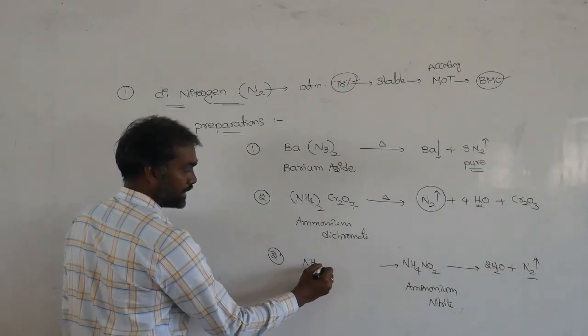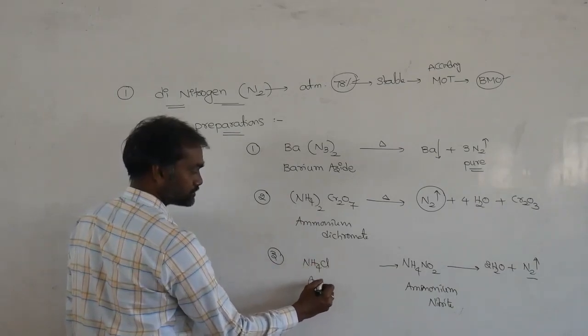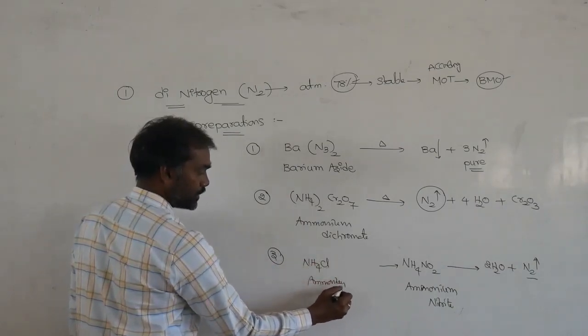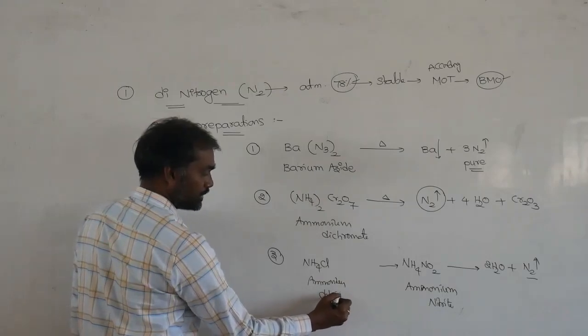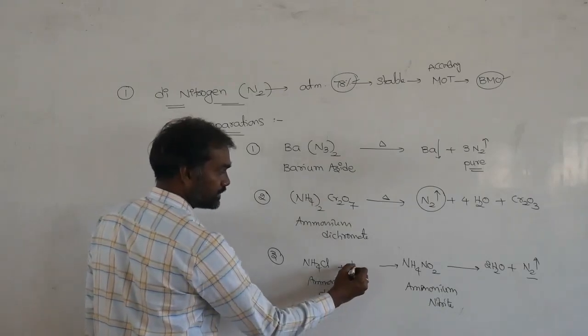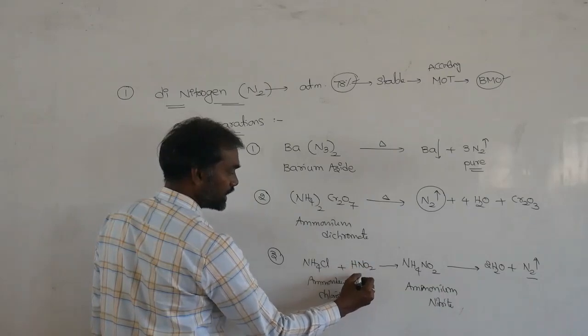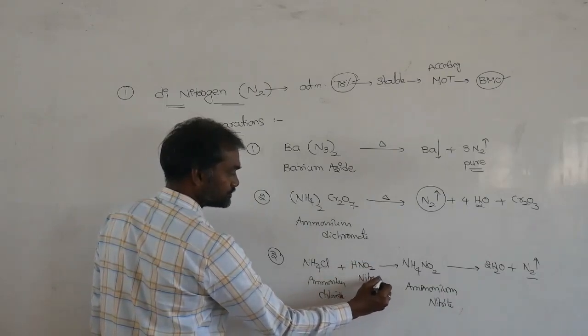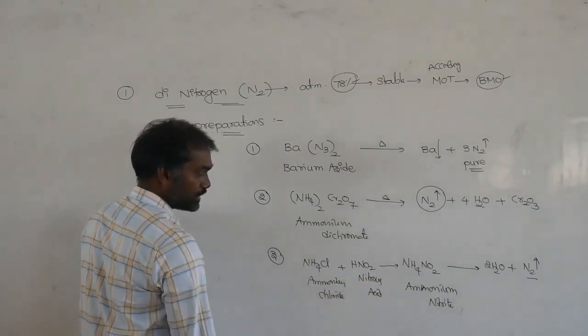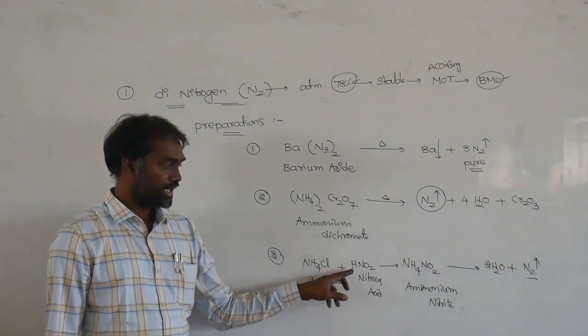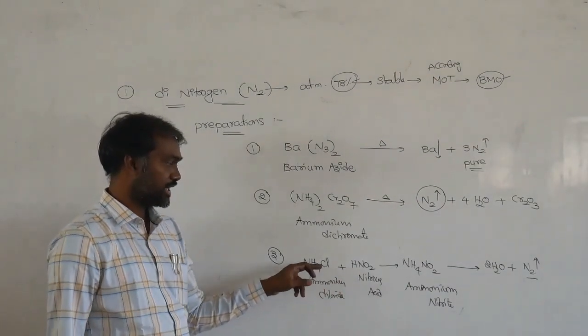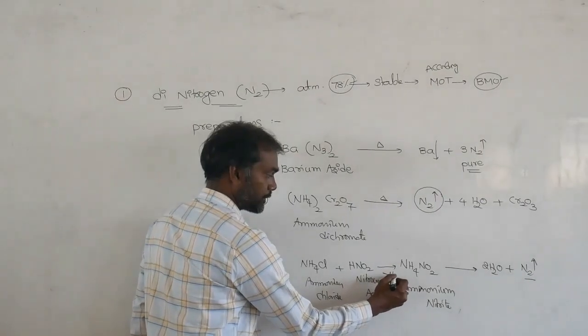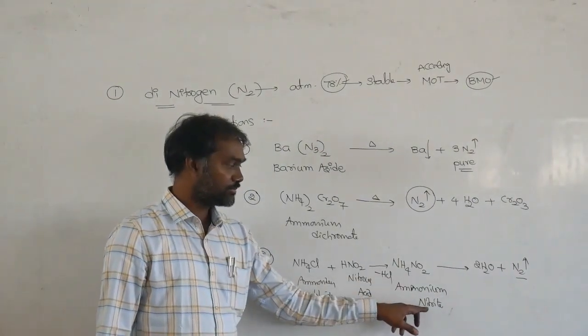In what way can we take this? Ammonium chloride, NH4Cl. Ammonium chloride is treated with HNO2, nitrous acid. When ammonium chloride is treated with nitrous acid, HCl is eliminated, so you are getting ammonium nitrite.